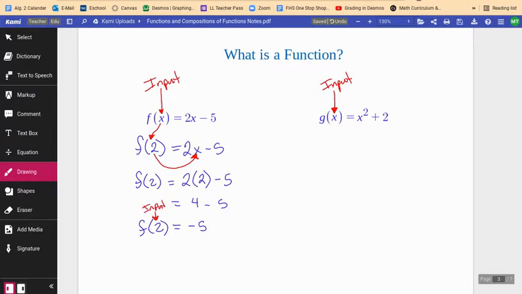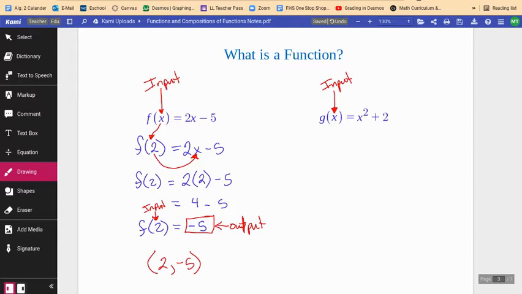And now our answer right here of negative 1 is our output. Okay, so it's basically nothing more than an ordered pair, right? If I wrote this as an ordered pair, the x value would be 2 and the y value would be negative 1. So that's all that function notation is saying, right?